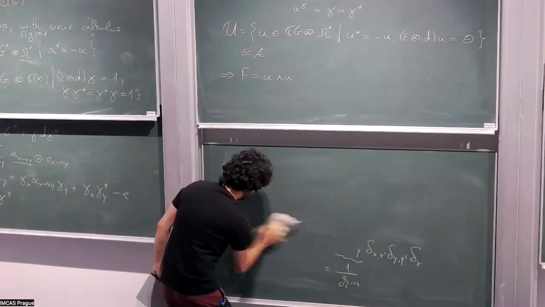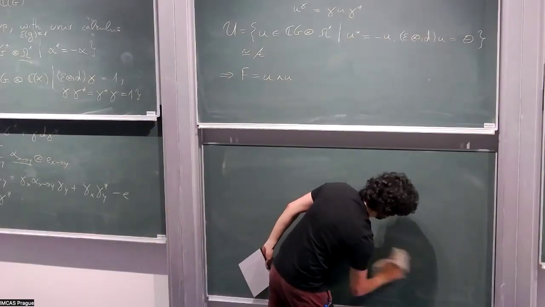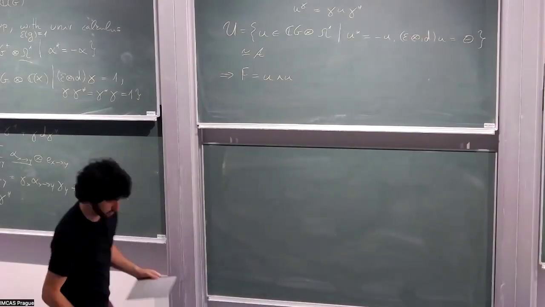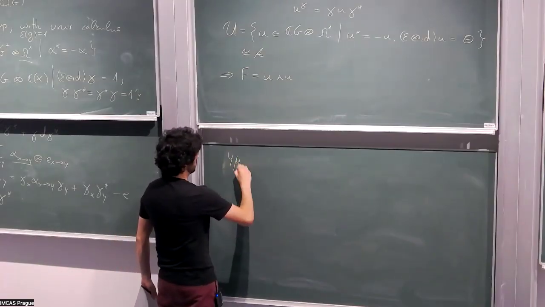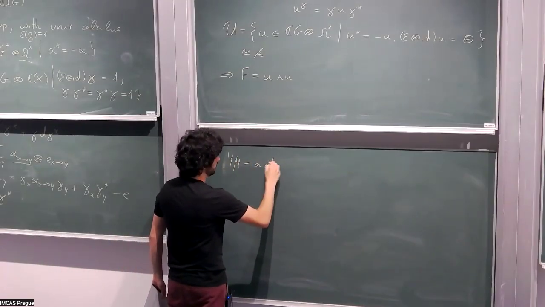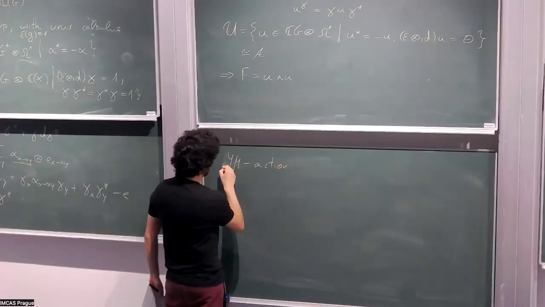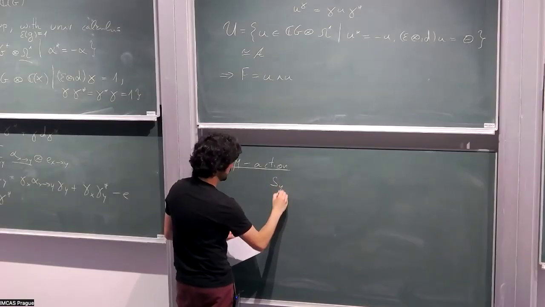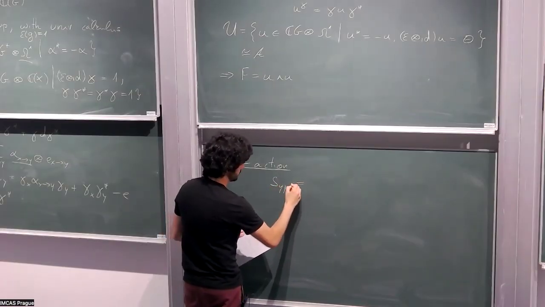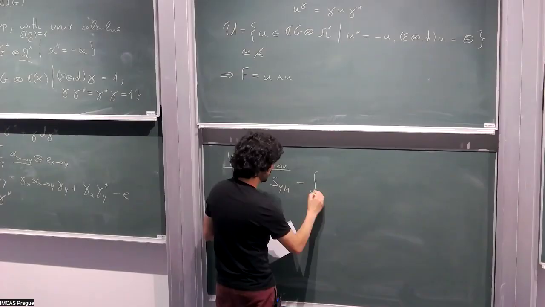And then we can just construct the Yang-Mills action given everything that we already have. And so this we would define as the action being integral over x.